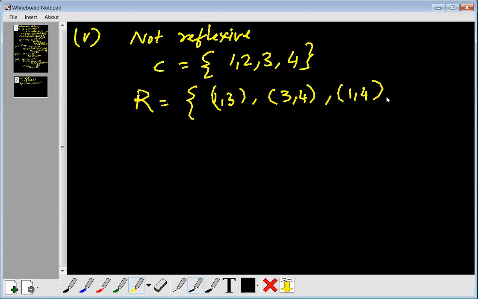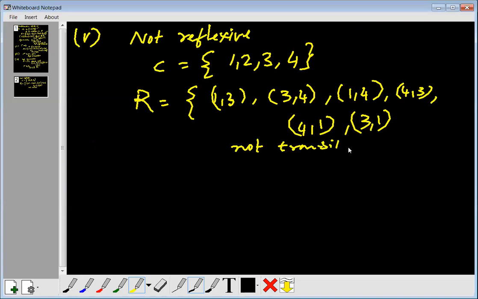If I have (4, 3), this is a problem. If you take this kind of thing, you'll have (4, 3), and then it's symmetric. Then you have (4, 1), and then (3, 1). Okay. This becomes not transitive. So in this example, we have to be careful. He wanted this to be transitive, and therefore we cannot have this.